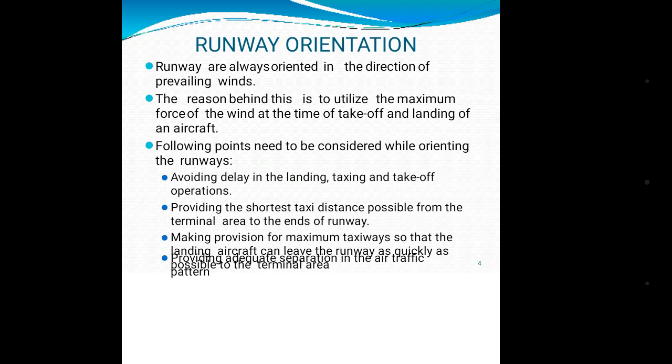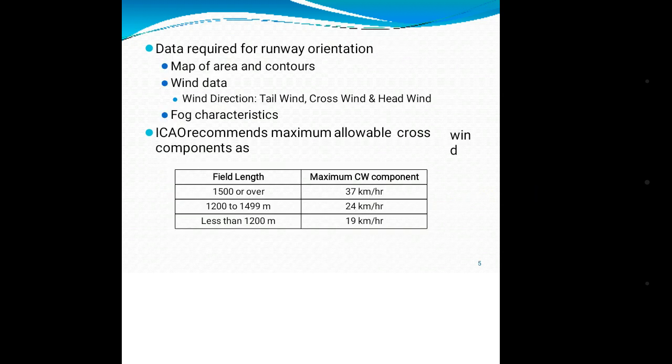Then making provisions for the maximum taxiways so that the landing aircraft can leave the runway as quickly as possible to the terminal area. So taxiways should be located exactly near the runways so that aircraft can travel from the runway through the taxiway to the terminal, or towards the apron, or towards the hangar for repair and maintenance purpose or for any other purpose.